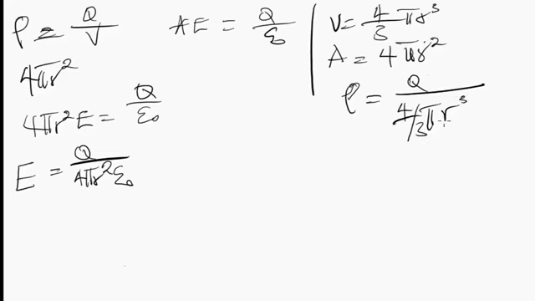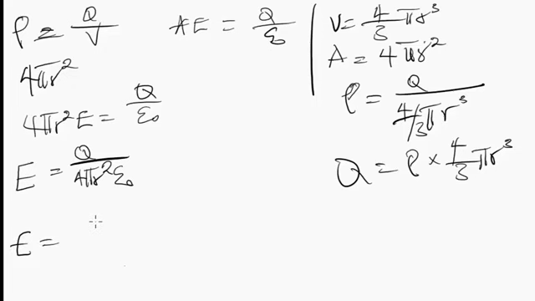Now, if this is true for this, it means that Q is equal to rho times 4 over 3 pi r cubed. So for this, we can replace Q by this.